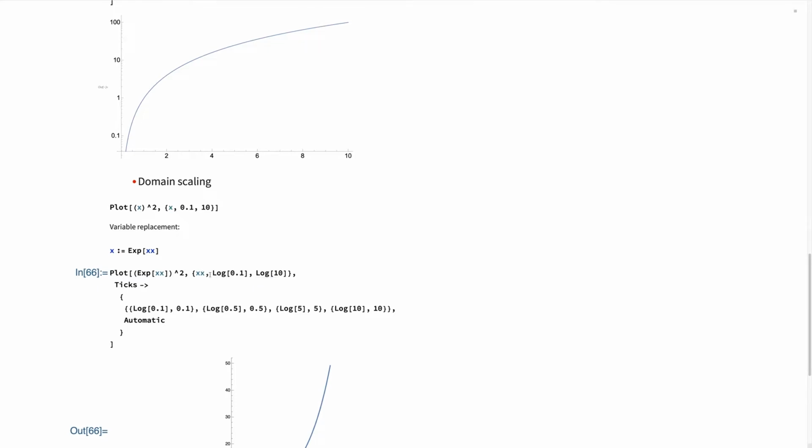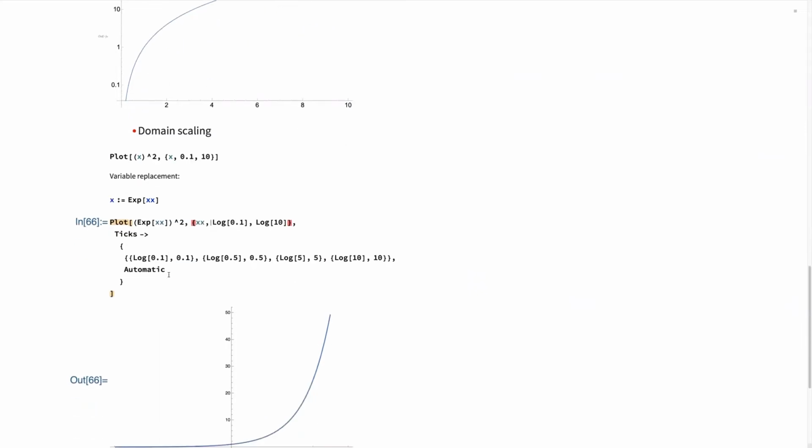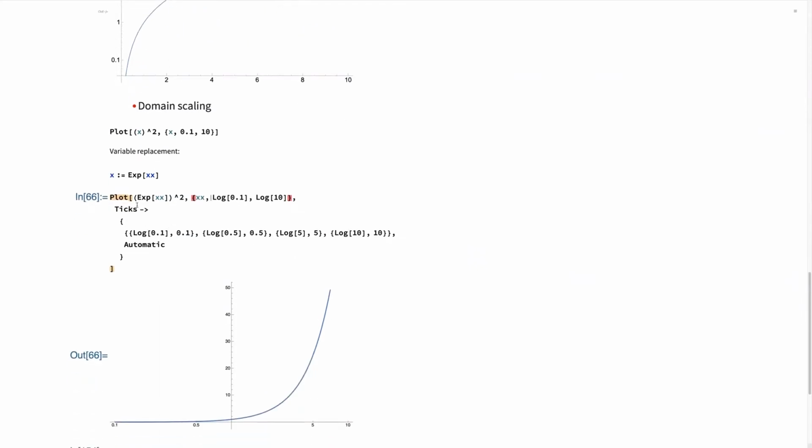Now x, which has a new variable called xx, is in the log scale. So we will have to use the inverse scale to apply on the variable. So when it plots, it is still plotting the correct values. Again, if you want the ticks to be correct, you will have to do the same ticks treatment here.